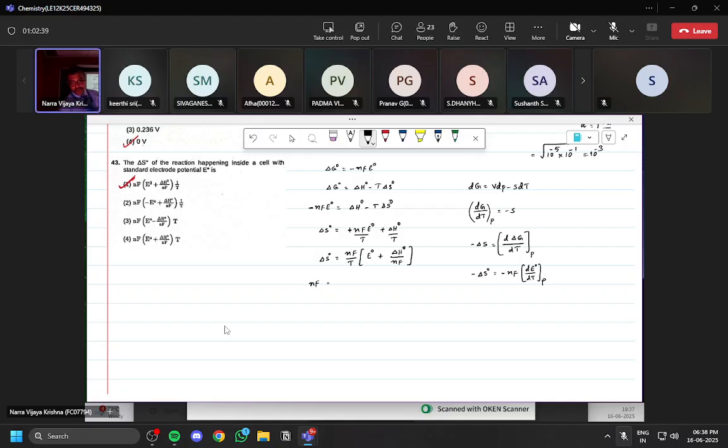NF dE naught upon dT at constant P is equal to, I am cancelling that NF also. So what do you get then? 1 upon T into E naught plus delta H naught upon NF. You can get this equation also, right? But they have asked only up to this. No need to substitute this. Clear?